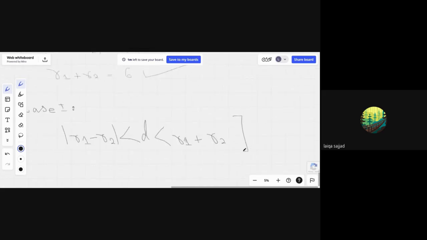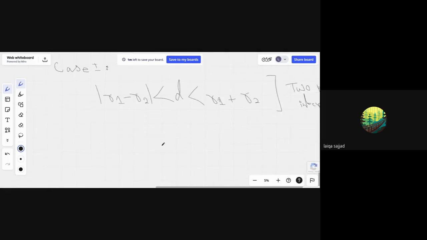This is the first possibility: 2-point intersection.